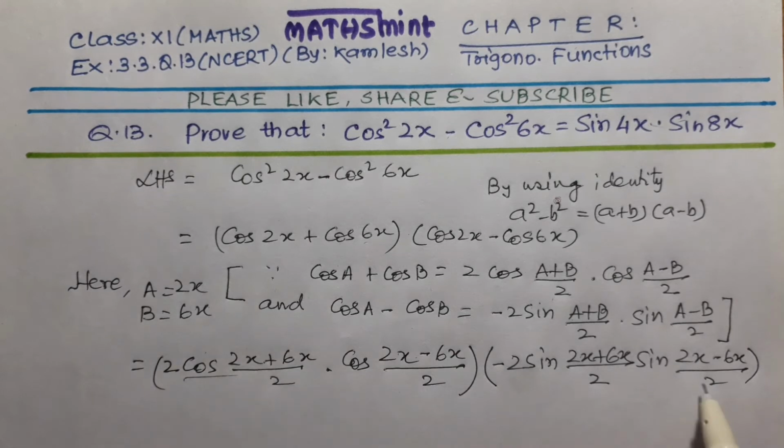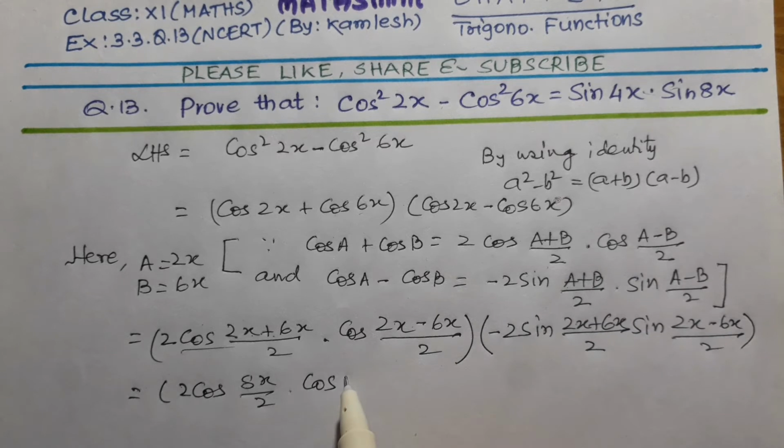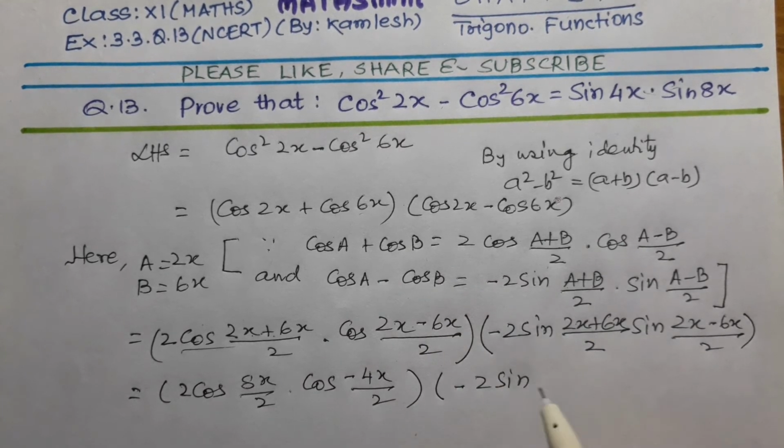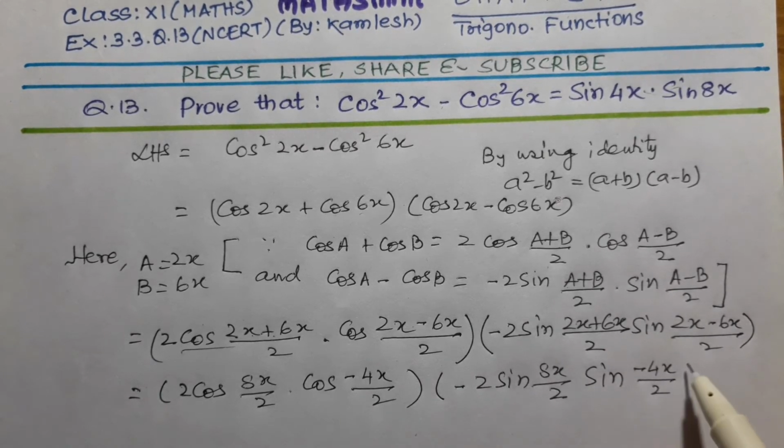So what will happen on simplification? After simplification we can write 2 cos (8x)/2 into cos (minus 4x)/2, and minus 2 sin (8x)/2 into sin (minus 4x)/2.